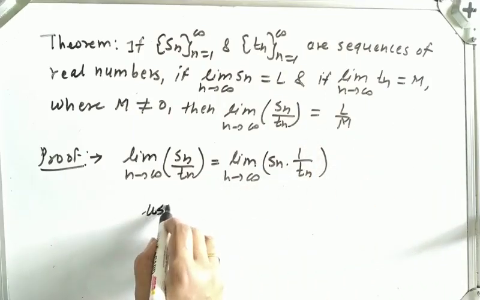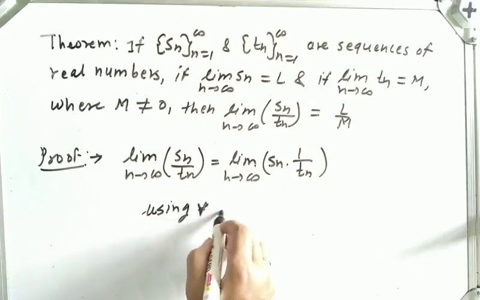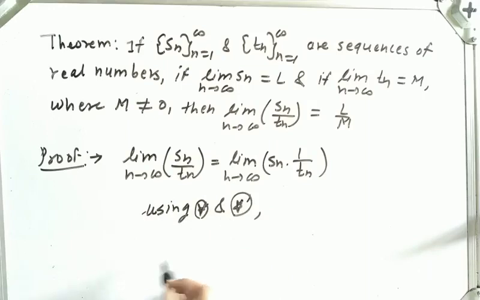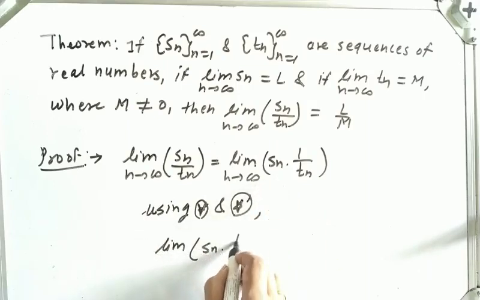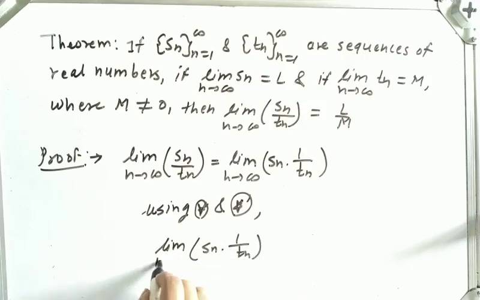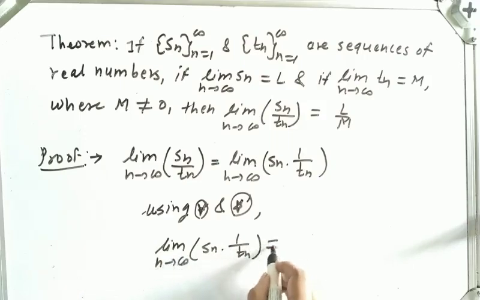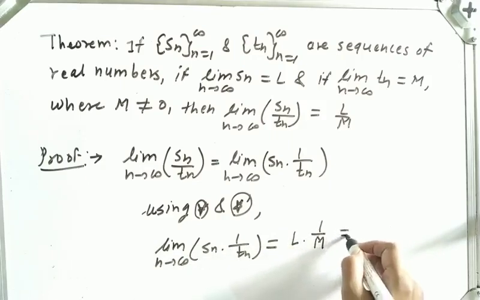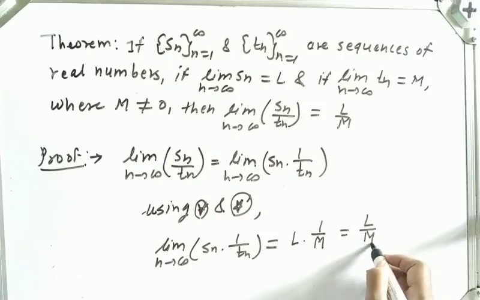So we can write, using star and star dash, the limit of Sn into 1 upon Tn as n tends to infinity is equal to the limit of Sn, which is L, times the limit of 1 upon Tn, which is 1 upon M, that is equal to L upon M. That is the proof.